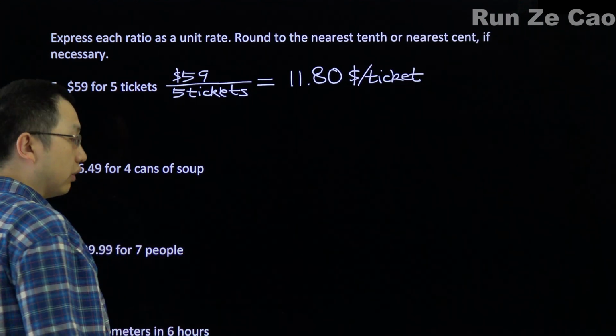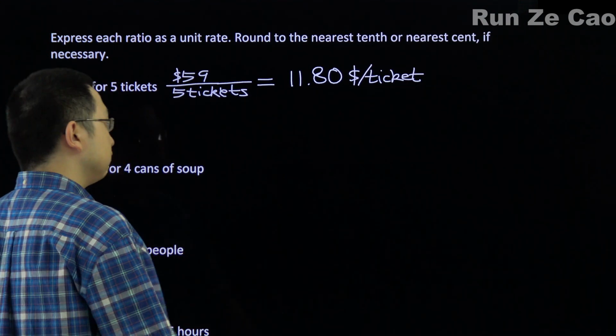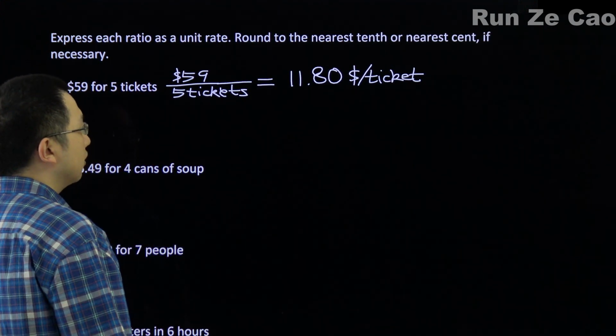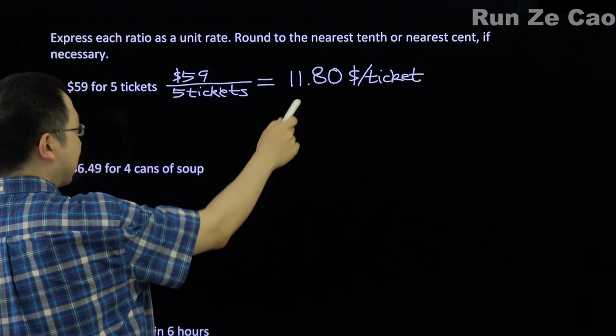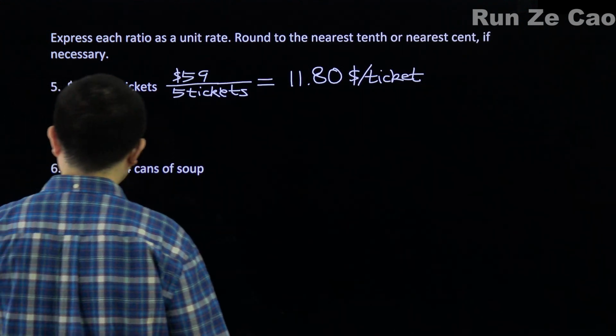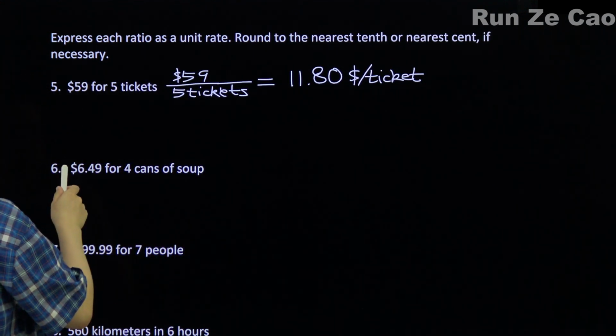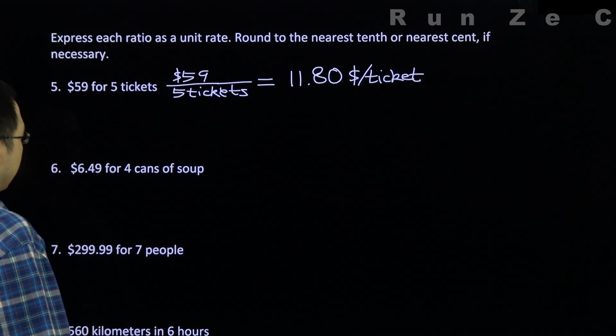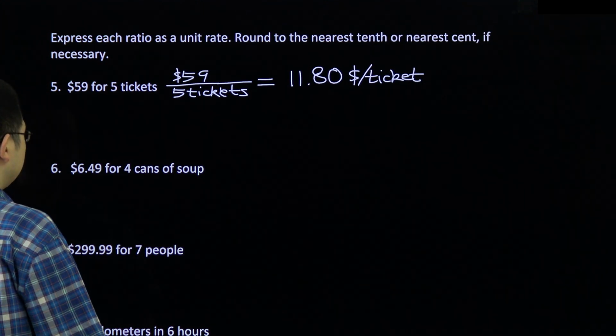As before, when you have a not whole dollar amount, you're obligated to write to the nearest cent, even if the last digit is going to be 0. $6.49 for 4 cans of soup.